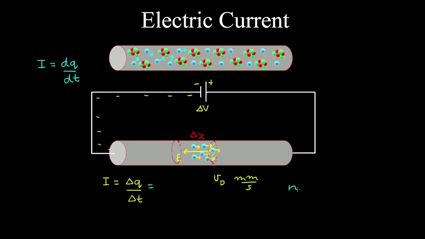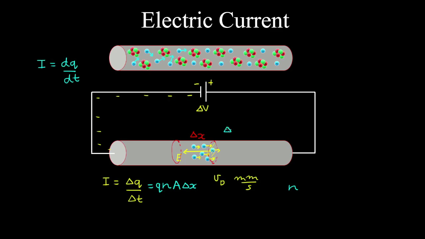And if we denote n as the number of charge carriers per unit volume, then if we multiply this by the volume, that gives the number of charges, and then multiplying by the charge that's carried by these charge carriers, we get delta Q.